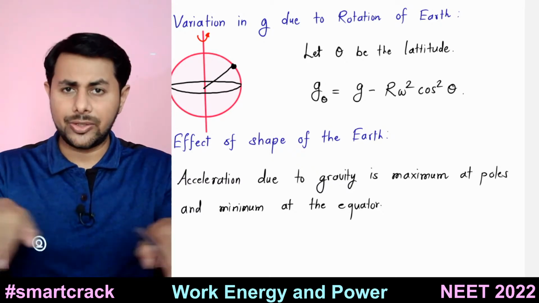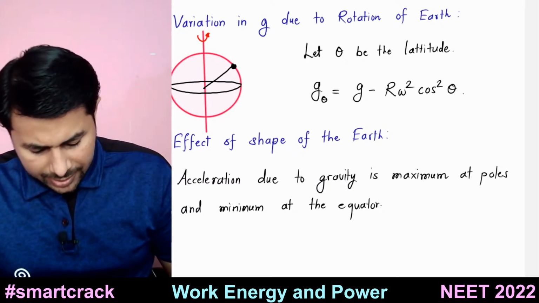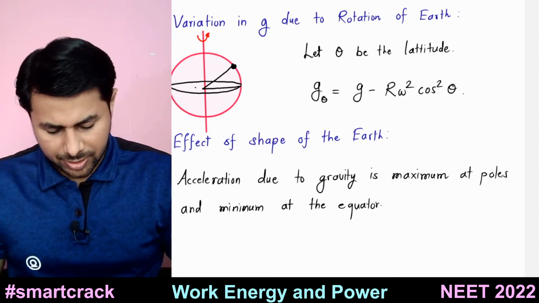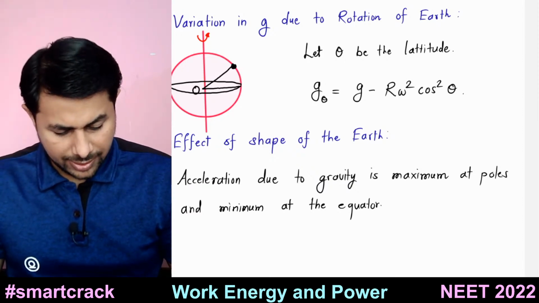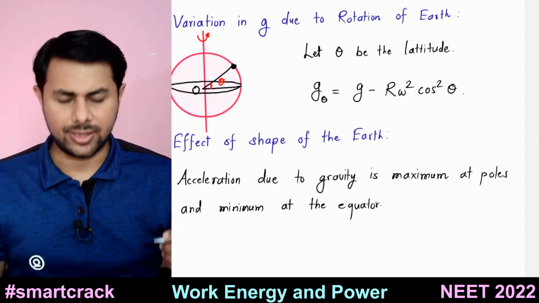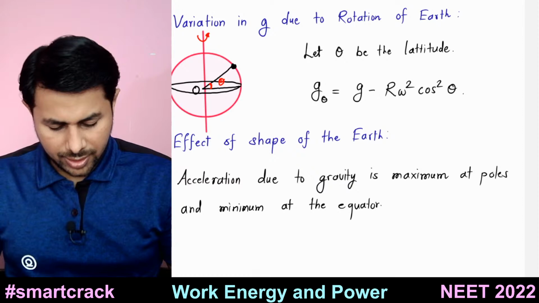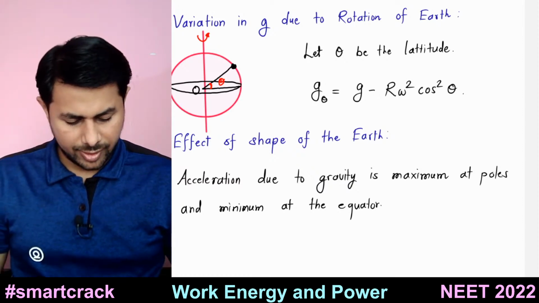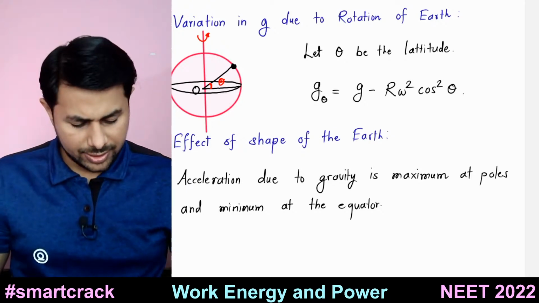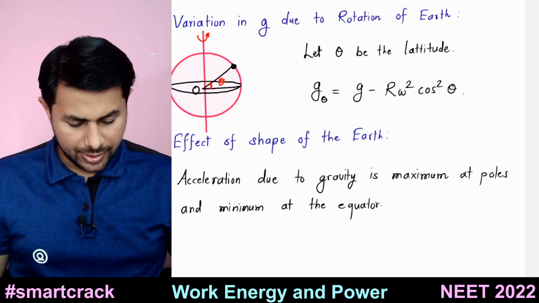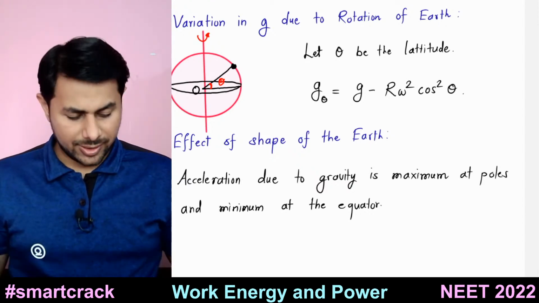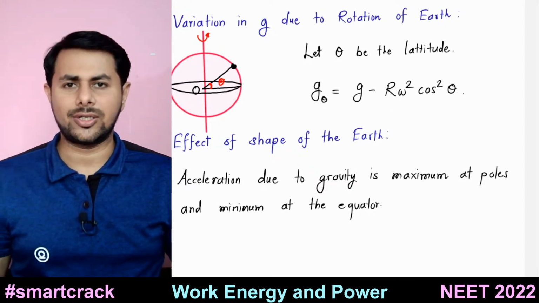We'll have the equatorial plane, and the angle made by the position vector of that object with respect to the center is known as the latitude. This angle is, suppose, theta. Then the acceleration due to gravity at latitude theta is given by g at theta equals g minus R omega square cos square theta.